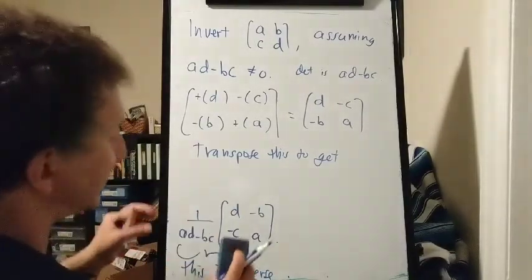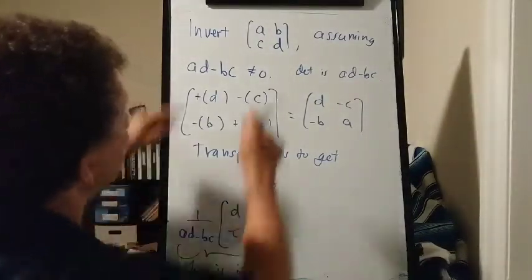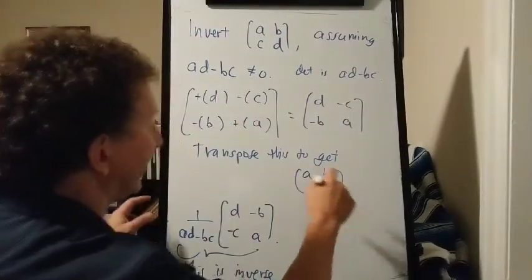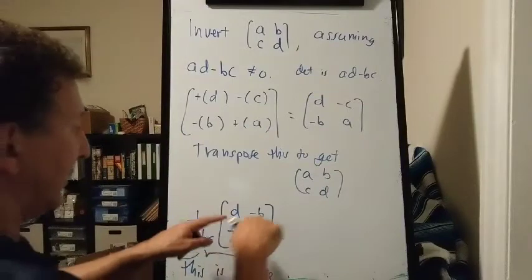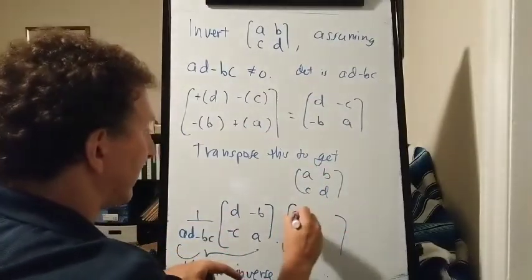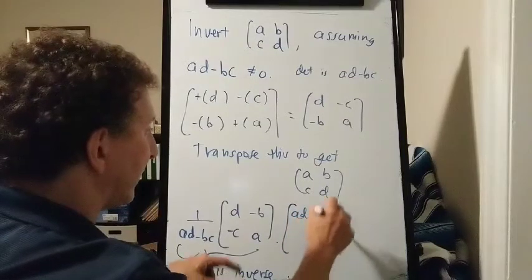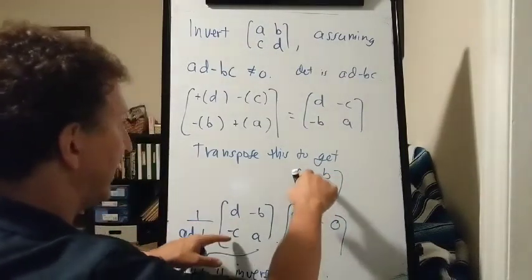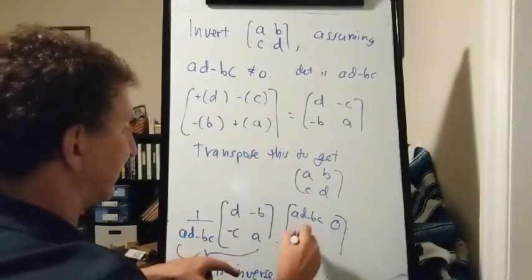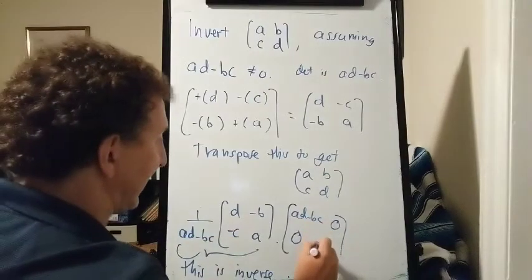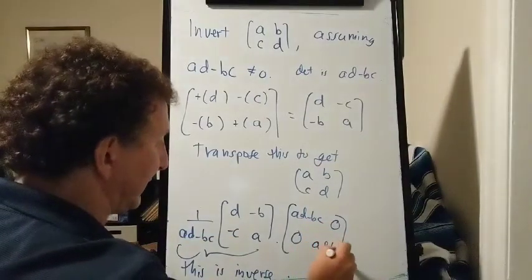Now let's check it to make sure I did that correctly. So let's write A, B, C, D here and see what happens when I multiply these. So I've got AD minus BC, BD minus BD is 0, negative AC plus AC is 0, and then negative BC plus AD is AD minus BC.